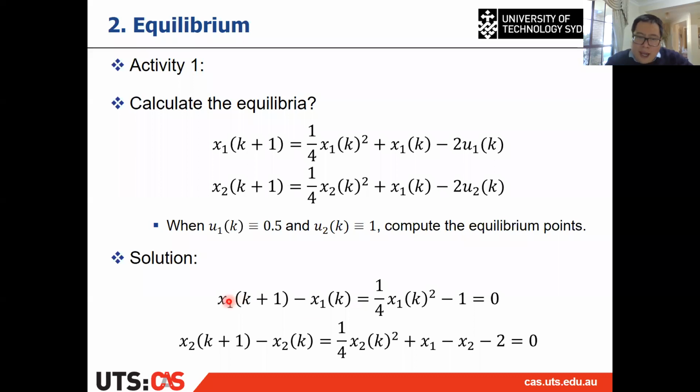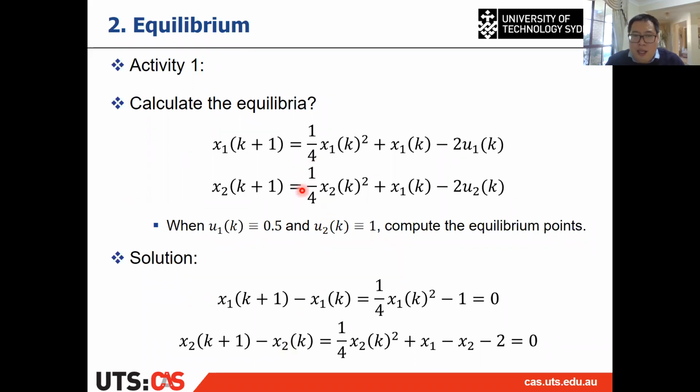The first one is x1_{k+1} minus x1 is equal to 0. The first equation is the same as what we have in the previous example, right? So x1_{k+1} is equal to this, this one minus x1 is equal to 0, then we have this equation. Then the second equation is about x2: x2_{k+1} minus x2 is equal to 0 as well.